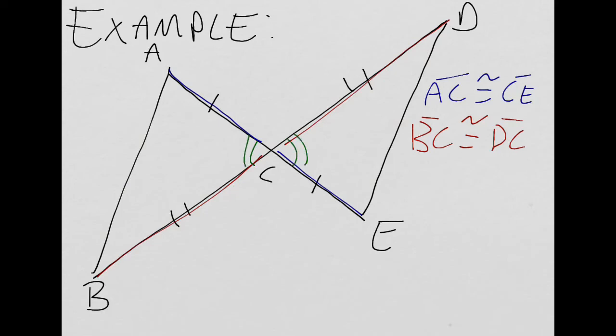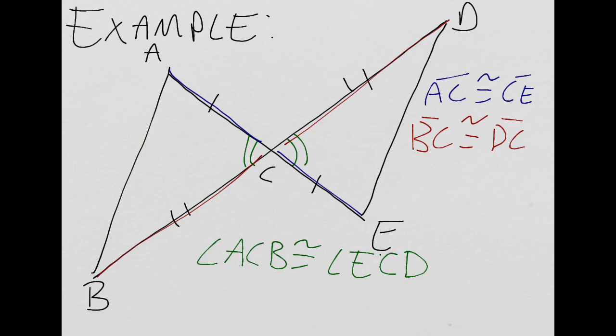And I remember from previous sections that vertical angles are congruent, so I can say that angle ACB is congruent to angle ECD. So now I have two sides and their included angle congruent to two sides and the included angle of another triangle.